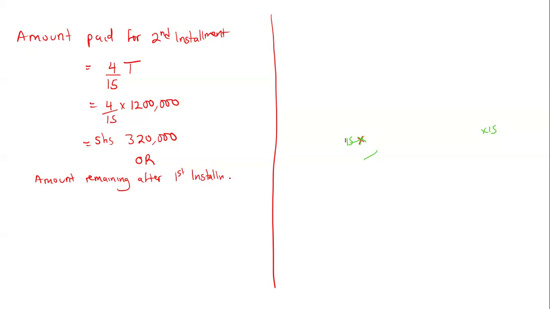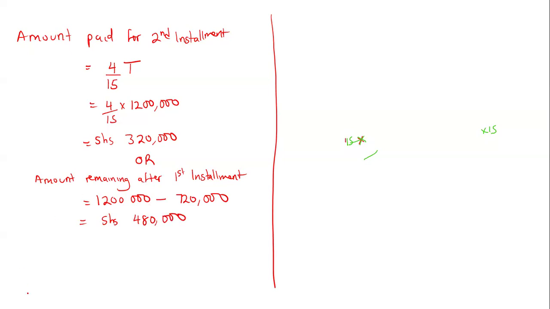This is the alternative approach you could use. So that would be that the total amount was supposed to be this minus the amount after the first installment, which is this. So when you subtract, you remain with the shillings 480,000.